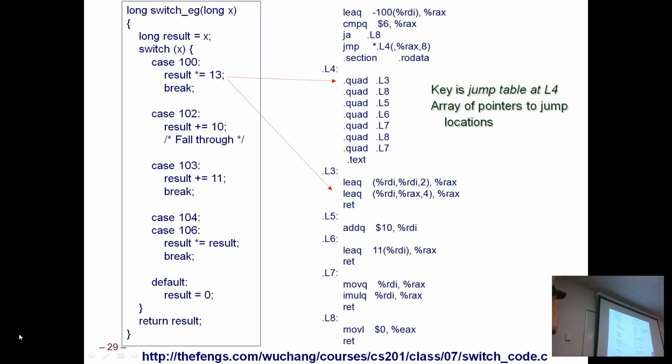Okay, so I am going to walk through this switch statement, because when you compile it, you get this assembly code. The first thing that happens, as we saw earlier, is that we've been passing the parameter x in RDI, that register. So the first thing that happens is you're going to load x minus 100 into RAX.